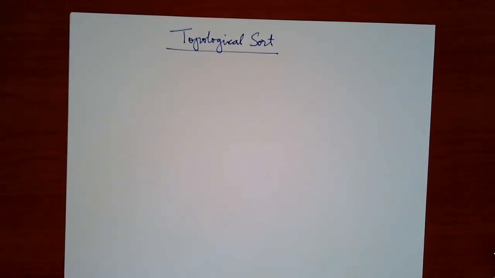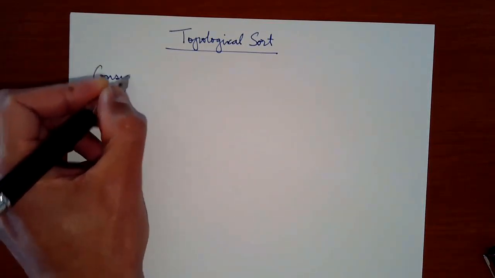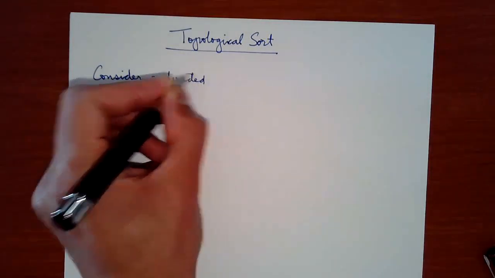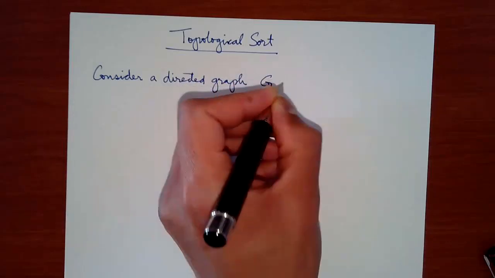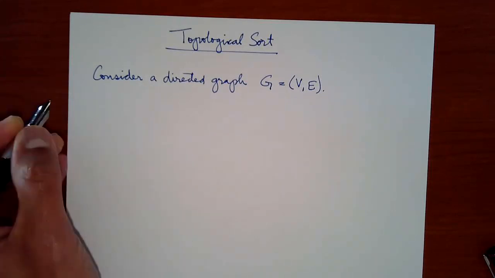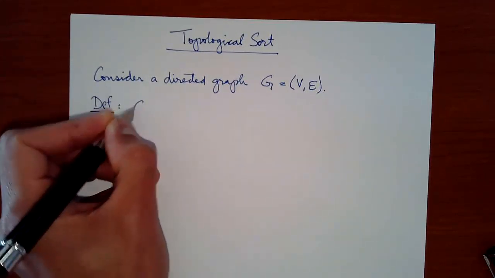So what is topological sort? Consider a directed graph G, and this is an important definition.